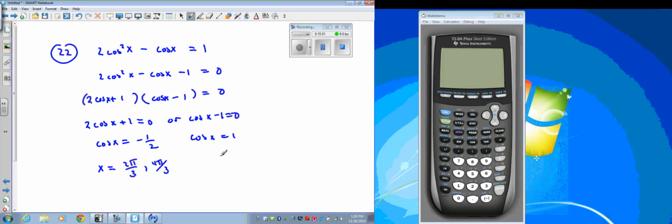Okay, now where does it equal 1? Cosine x. Cosine what? Well, see, the thing is it's between 0, including 0, to 2 pi, but not including 2 pi. So where is it 1?